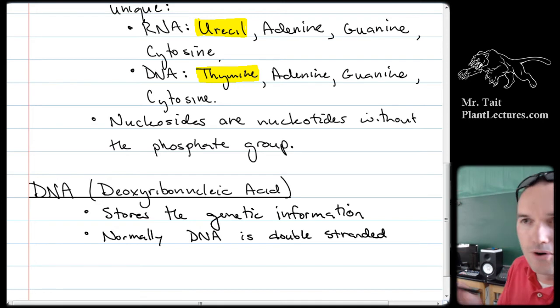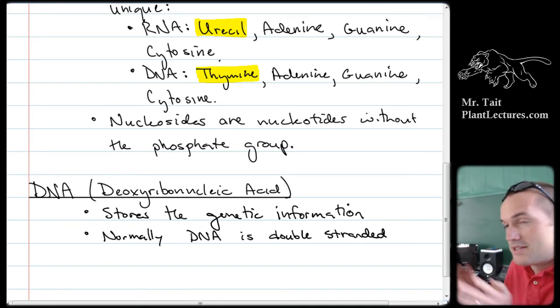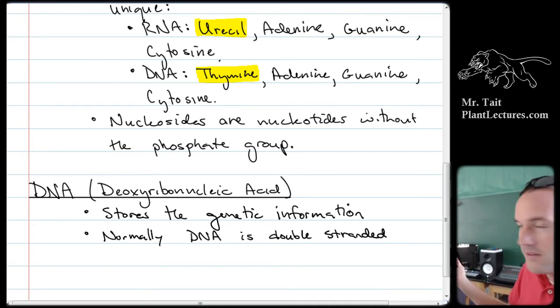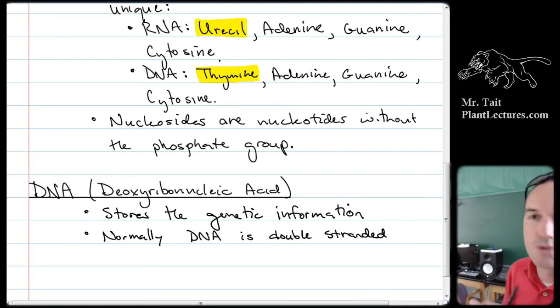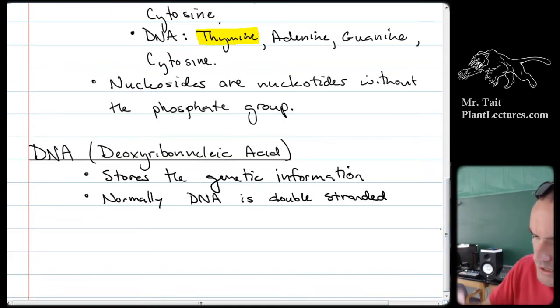Right? So when you make a backup, you've got a copy of all of your stuff on your computer somewhere else so that if something goes wrong, you can just restore that. The double-stranded DNA is sort of like that, where you have two copies of it. So if something goes wrong on one side, you've got another side that can sort of rebuild it. Okay? All right.